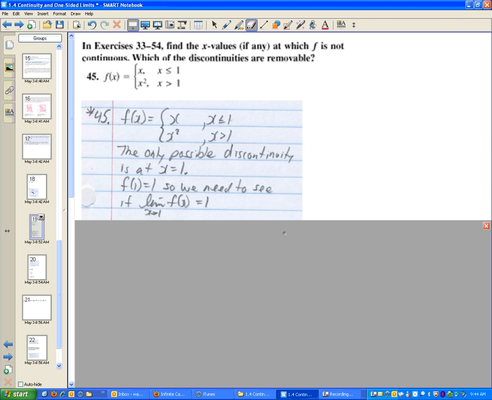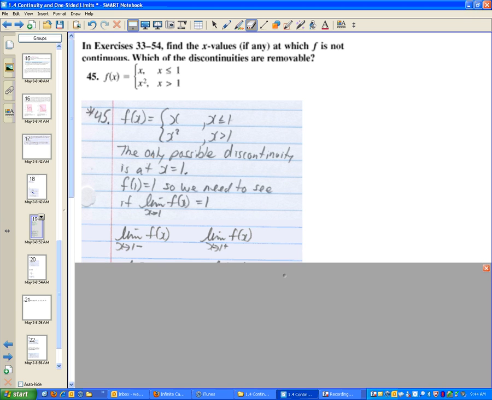Since it's a piecewise defined function, and each piece has a different definition, we have to approach this with one-sided limits. We need to find the limit as x approaches 1 from the left. We need to find the limit as x approaches 1 from the right. And if we want our function to be continuous, we're hoping that both of those equal 1, aren't we?